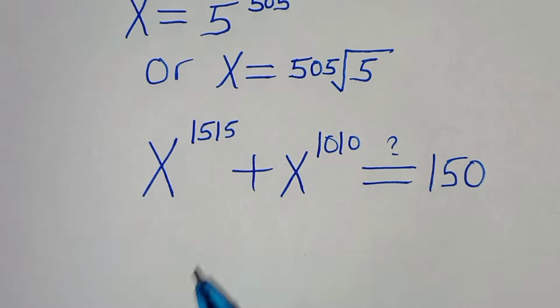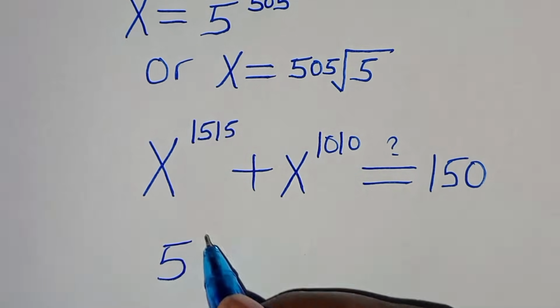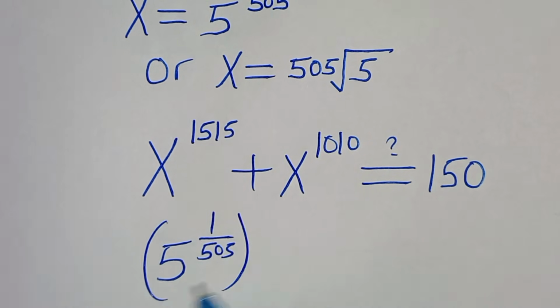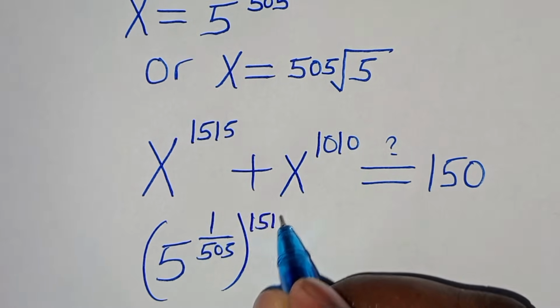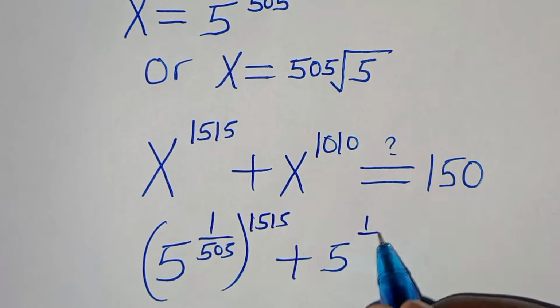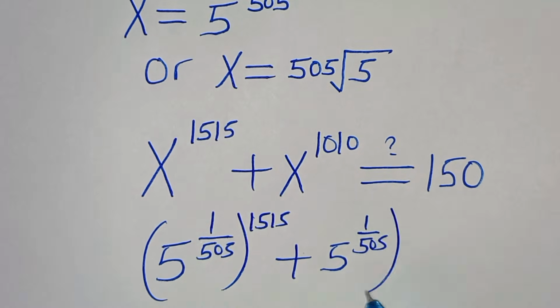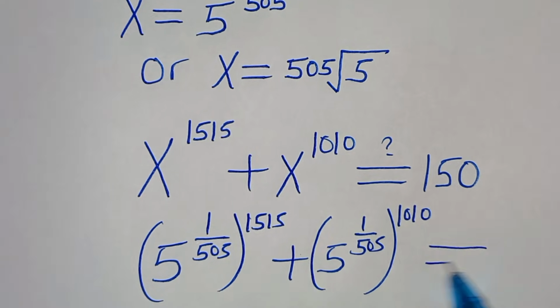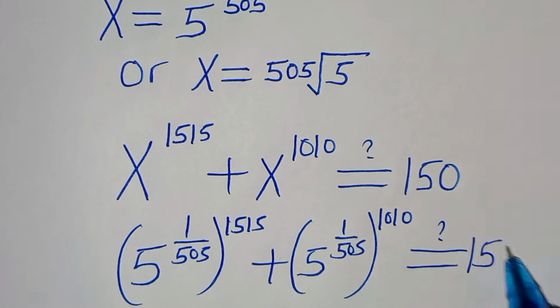Let's substitute the value of x, which is 5 to the power of 1 over 505, raised to the power of 15, then plus 5 raised to the power of 1 over 505, raised to the power of 10. This should give us a value of 150.